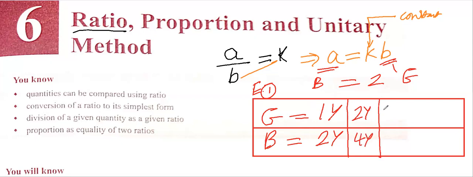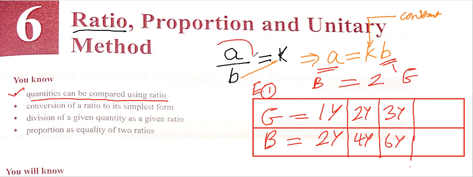If the age of the girl is 3 years, the age of the boy will be 6 years. That's what the first point means: quantities can be compared using ratio. So A divided by B is a ratio.